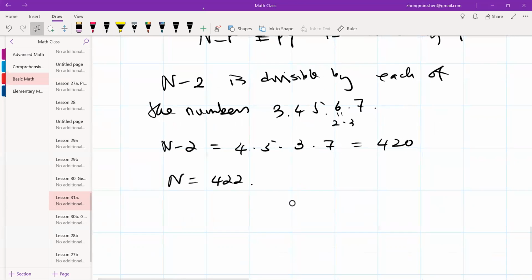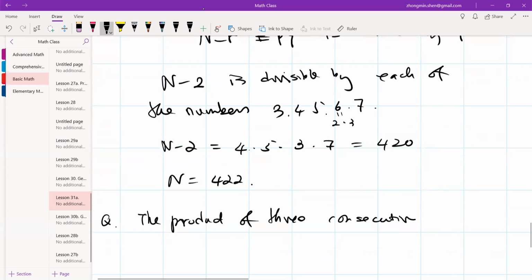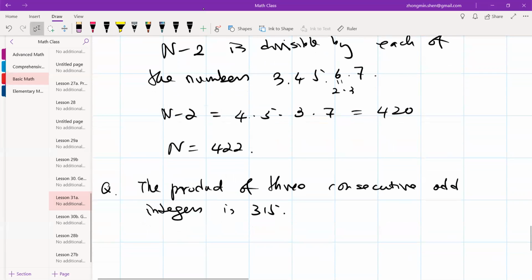All right, now the next question. We know that the product of 3 consecutive odd integers is 315.